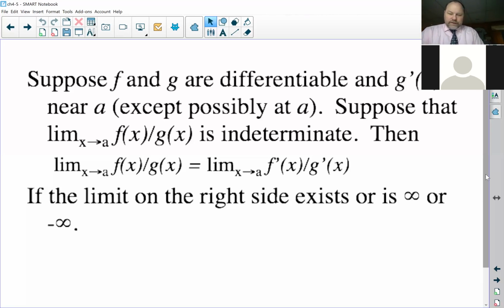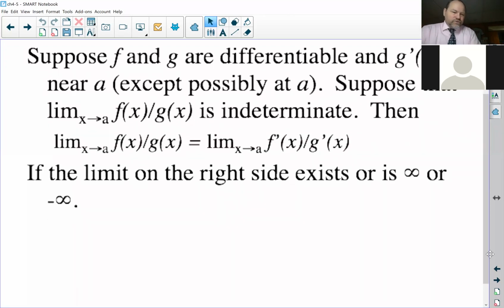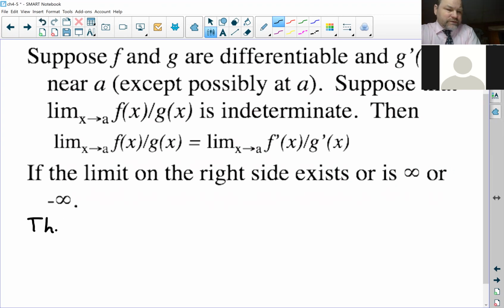So just a couple of things with L'Hopital's rule. It's not the quotient rule.